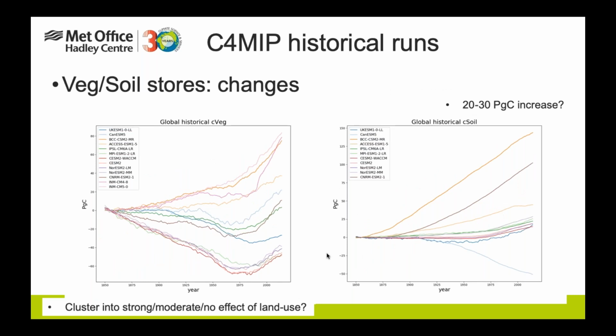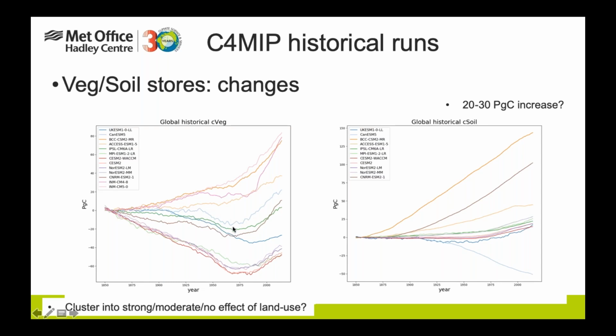When you look at changes in the carbon stores, again, this is what I was talking about, inconsistent treatment of land use. So you could break this vegetation carbon plot into three clusters. There's a cluster of models here that appear to have quite a strong response to land use change. So they have a fairly strong release of carbon during this early part of the 20th century, so that they're carbon negative in total by present day.